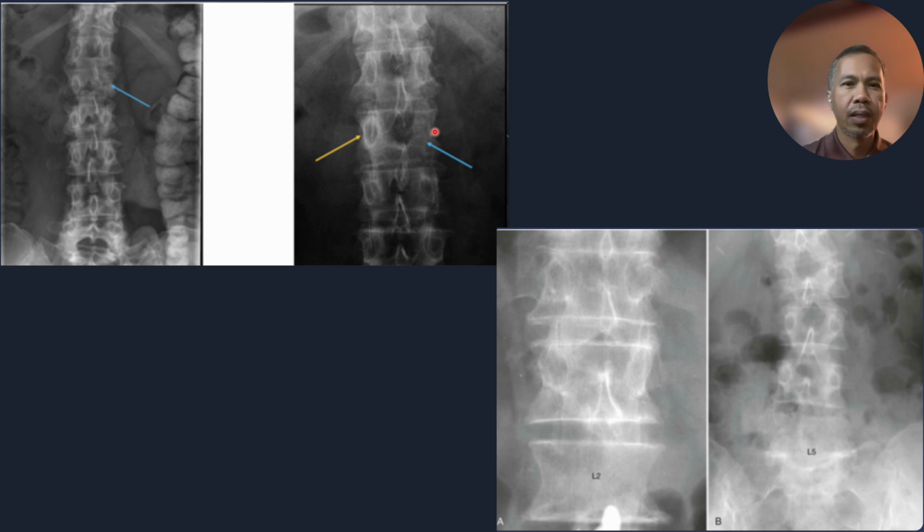Note also on the other X-ray the absence of both pedicles at L2 and at L5. This is often called the blind vertebra. You don't have any pedicles anymore, bilateral.